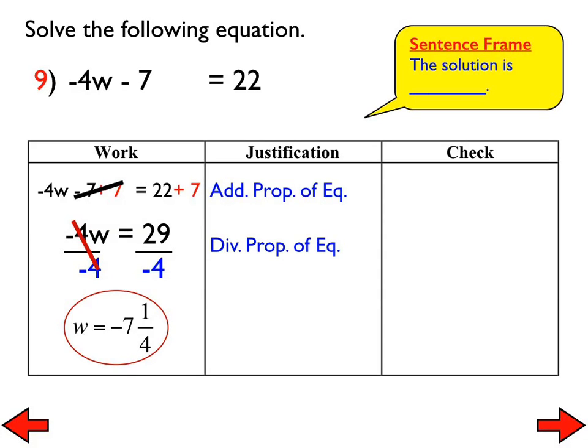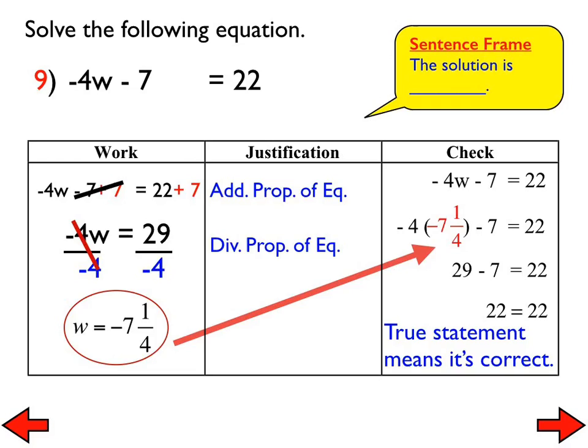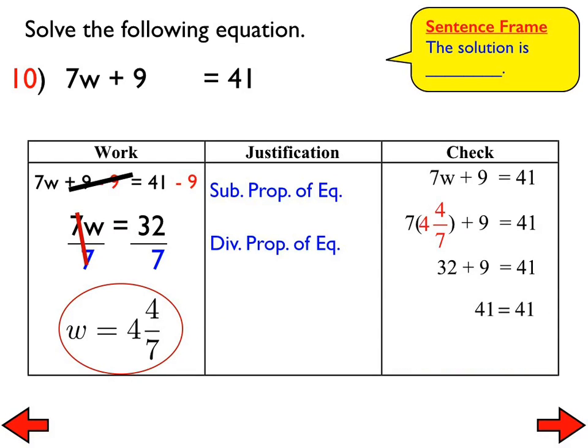And look, even though we ended up with w equals -7 1/4, we can check it exactly the same way. -4 times -7 1/4, we would probably have to do that work off to the side. -4 over 1 times -29 over 4. And we can see that we end up with a positive 29 right there. So it even works whenever our answers don't come out even. In other words, we end up with mixed numbers or decimals or anything like that.